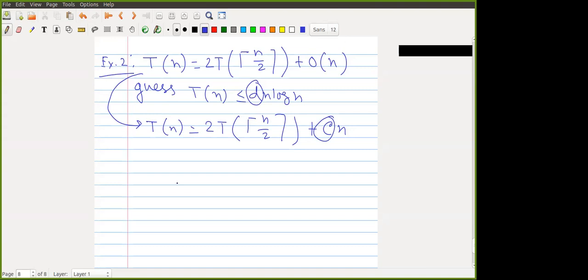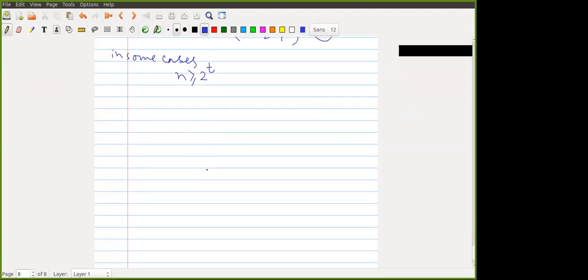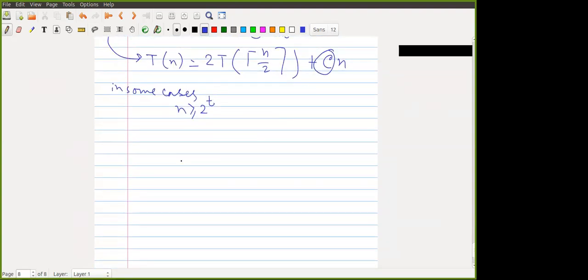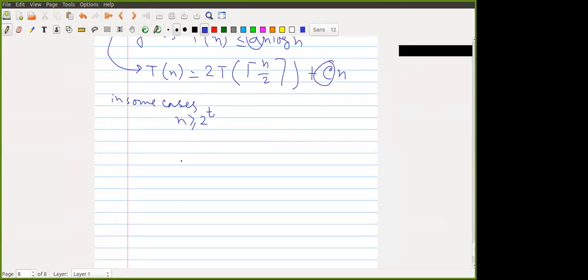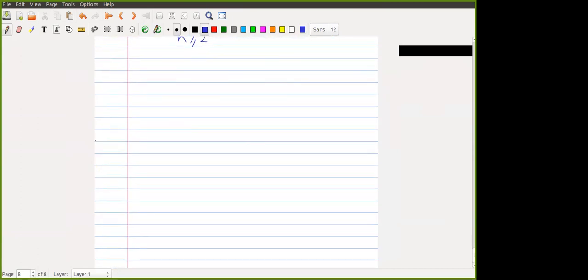Also, in some cases, it might be useful if we assume, I'm not saying this is true in general, in some cases, assuming n is greater than or equal to some power of 2, it might be useful. And again, since we are considering asymptotics, it's good enough. So let's jump onto proving this.